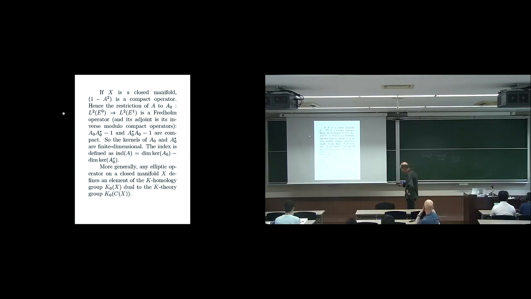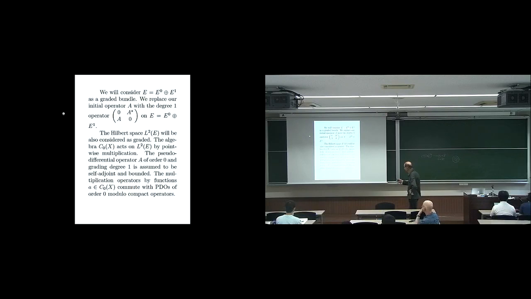So the elliptic operators which have this property that their symbols are unitary at infinity satisfy this property that A0 star A0 minus 1 and A0 A0 star minus 1 are compact operators. And this means in particular that, you see, we consider our operator as this A0 and A0 star.